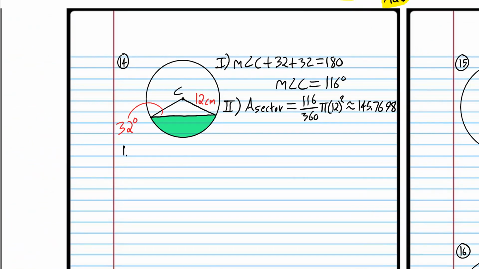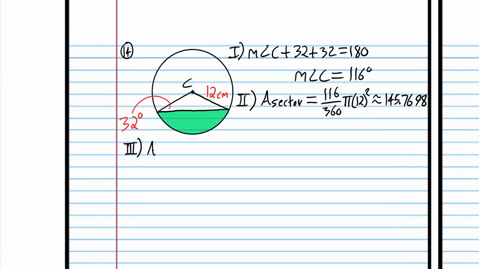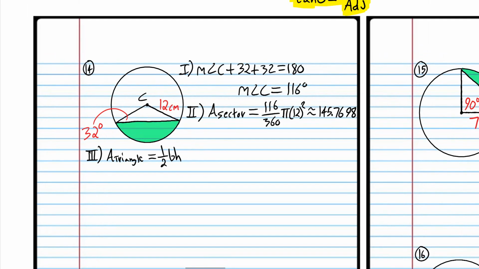Let me shrink this a little bit. All right, step 3. Area of a triangle obviously is equal to 1/2 base times height. And we're going to take that triangle out. Again, it doesn't have to be perfect. This angle here is 116 degrees.